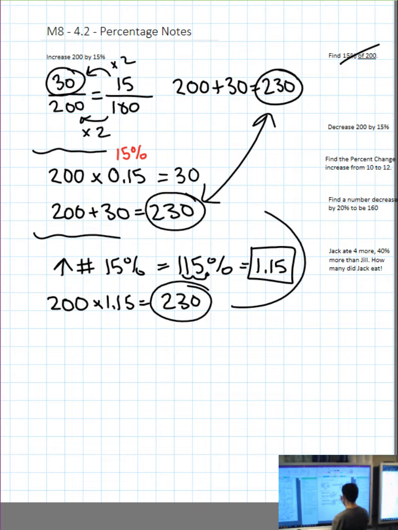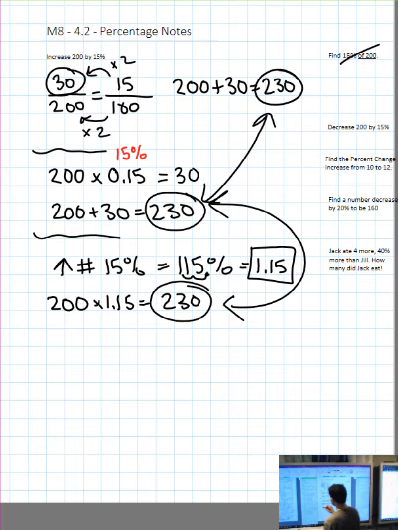The same answer that we continue to get. Multiply by the percentage you want to be. Obviously, the decimal, we don't actually multiply by percentages.